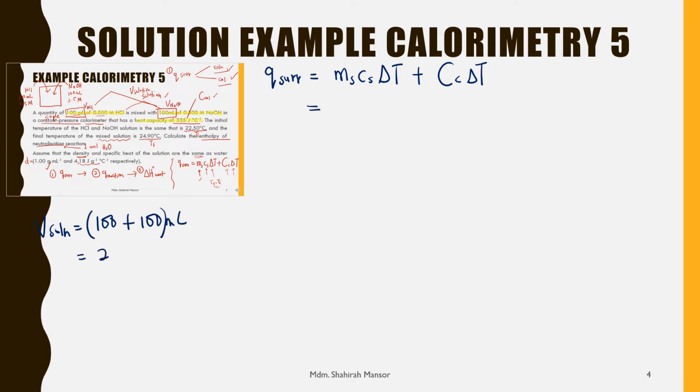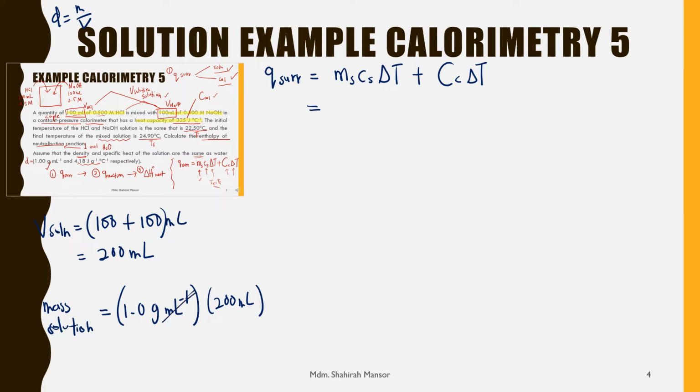Okay, so that will give you 200 ml. And to get mass of solution, okay, daripada formula density equals to mass over V. Okay, so density is 1.0 gram per ml, darab dengan volume of solution, that is 200 ml. And that will give you 200 gram of solution.